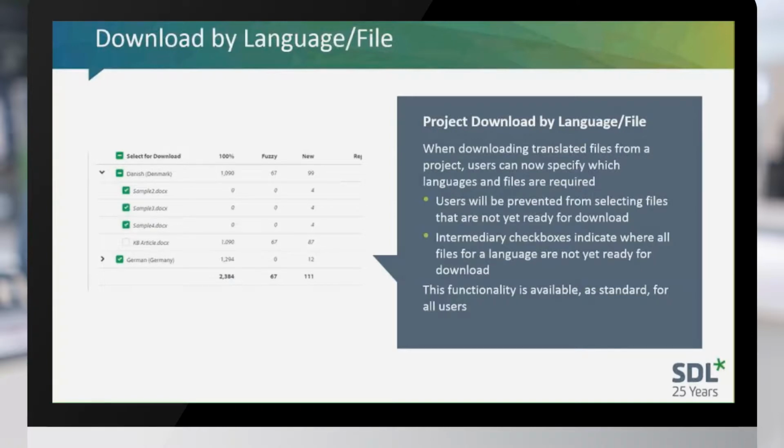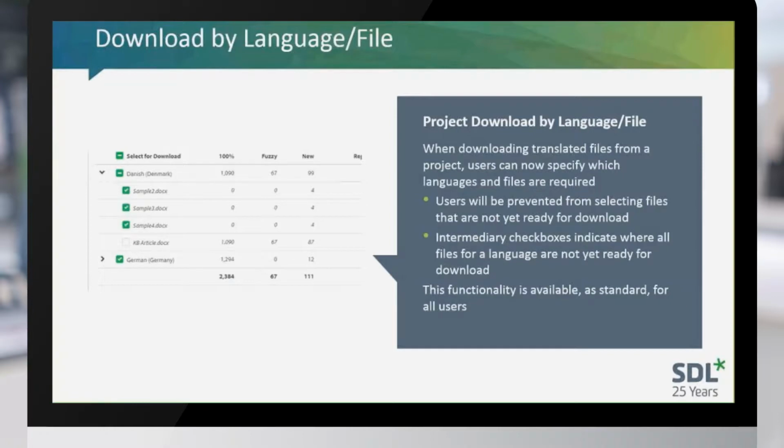What this enhancement now allows a user to do is to specify which languages, which files for those given languages they want to be included in the package. So it just makes it a little bit simpler for a user to be able to ensure that they only get the files that they need at that particular moment in time.